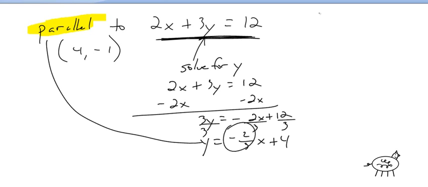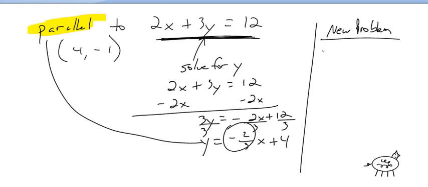So my new problem is my slope is negative 2/3, and my point is (4, -1). Okay? And this is a little nasty to put in slope intercept, so I'm just going to ask for point slope form.